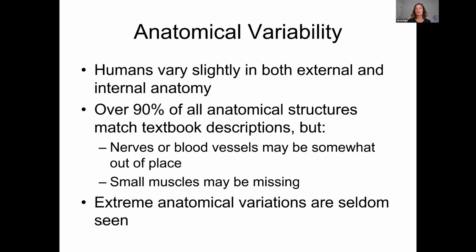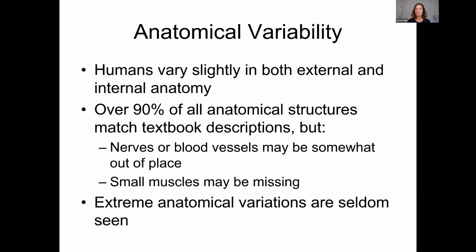A lot of times there are some small structures in our body that don't always match the textbook description. I would say about 90% of the time, all the organs in our body look like the textbook description, but 10% of the time, they don't.